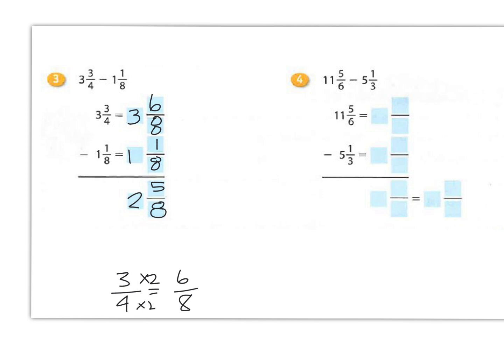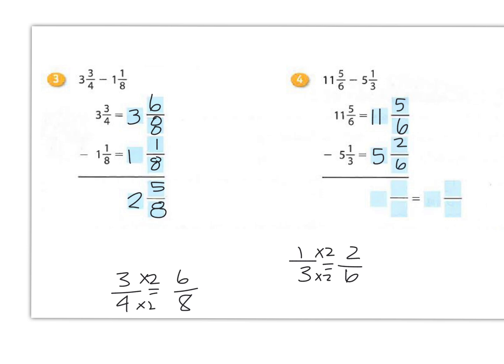Okay, here we have 11 5/6 minus 5 1/3. We know that 3 goes into 6, so we're going to keep the sixths, but I need to change 1/3 into sixths. So 3 times 2 is 6, so then 1 times 2 is 2. So then I have 5 and 2 sixths.